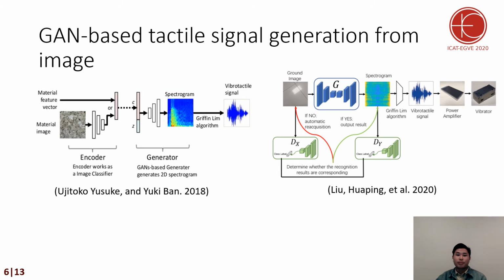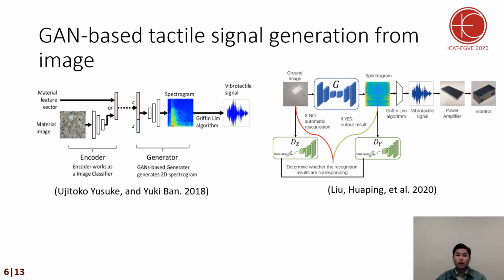As a preliminary attempt, Uchitoko and Ben presented work on variable tactile signal generation from texture surface images or label attributes using GANs. They define the acceleration-based variable tactile signals as an amplitude spectrogram and trained a GAN-based pipeline to synthesize the spectrogram.